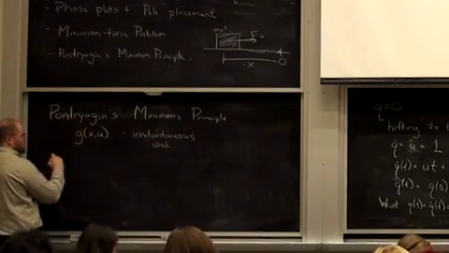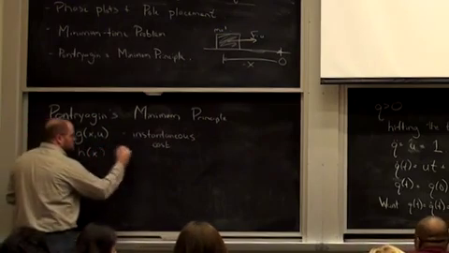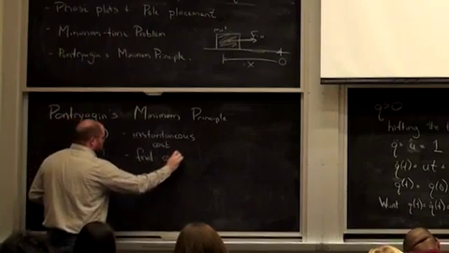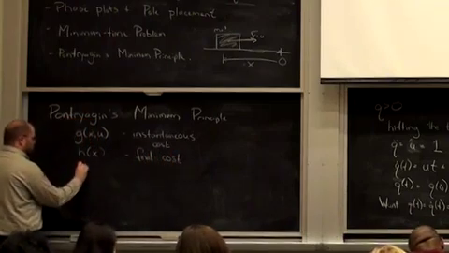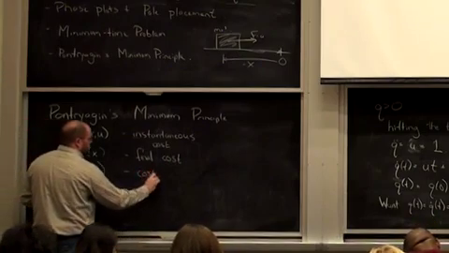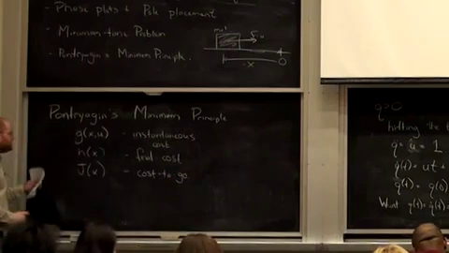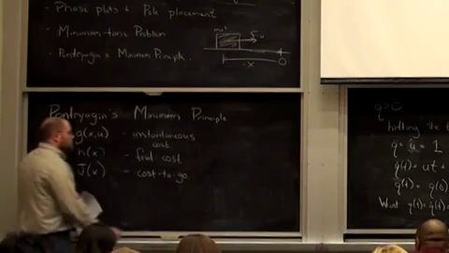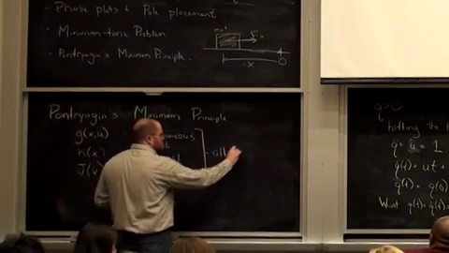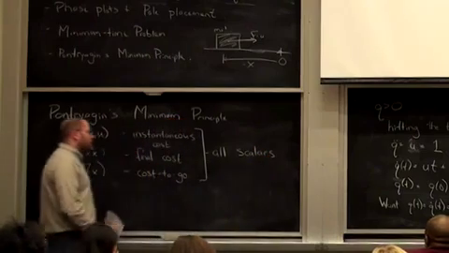I'll use H of X to mean final costs. I'm going to show you what this means in a second. And I'm going to use J of X to be a cost to go. It's very important, all of these are scalars, not vectors at all. Just a scalar quantity.